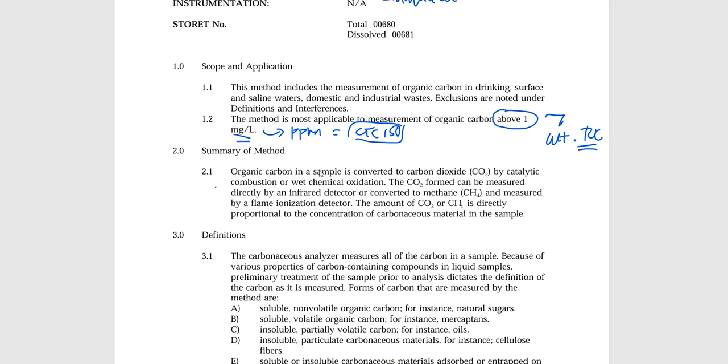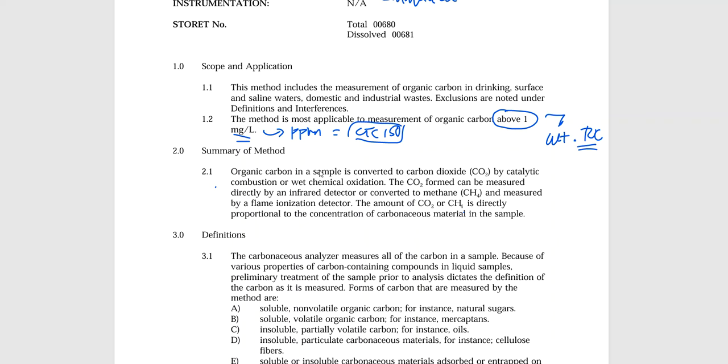There are different options available, different bells and whistles that you can get on your instruments, and some of these instruments are way more sensitive and can go lower. But the way that 415 is made, it says it's most applicable to anything that has 1 ppm or higher TOC.